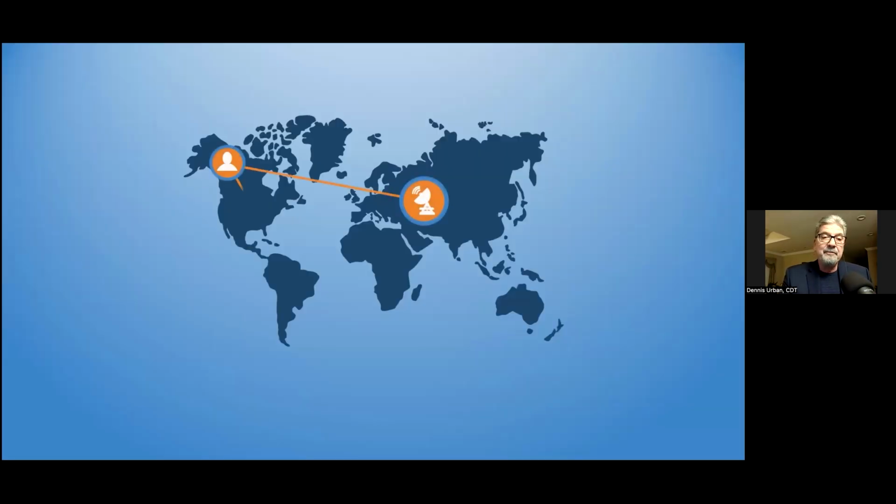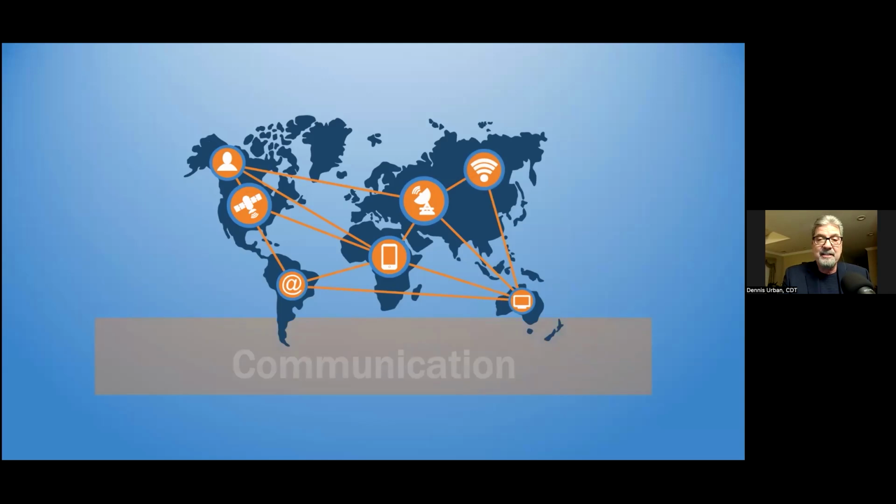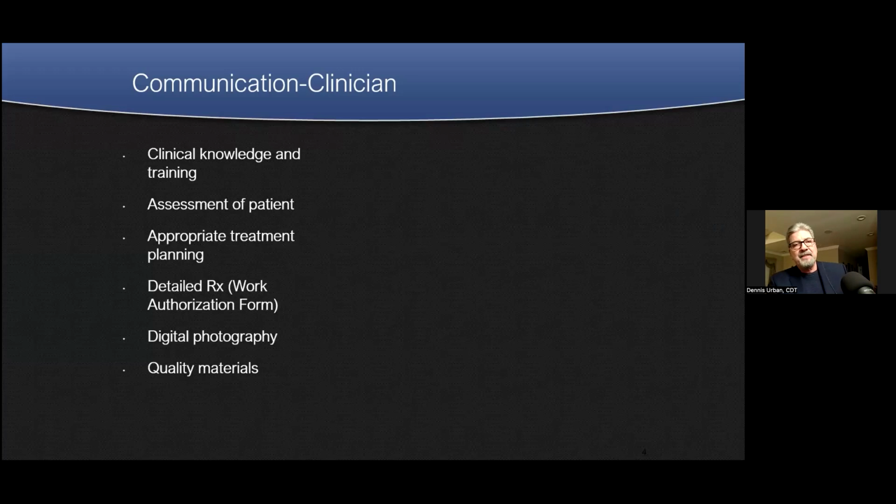And with that, communication. We have so many communication tools at our fingertips, and sometimes we just can't plan a case correctly. We have to use the right materials, and we have to communicate correctly as a technician in a laboratory with the clinician. So we look at the clinician's clinical knowledge and training, the assessment of the patient, appropriate treatment planning, and detailed information on the work authorization form.